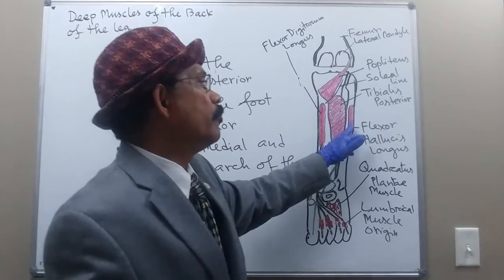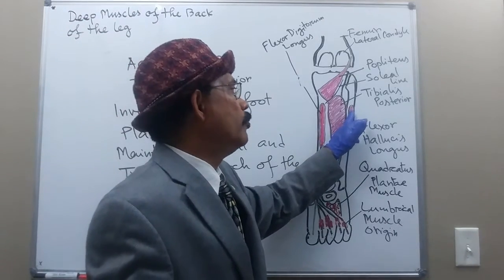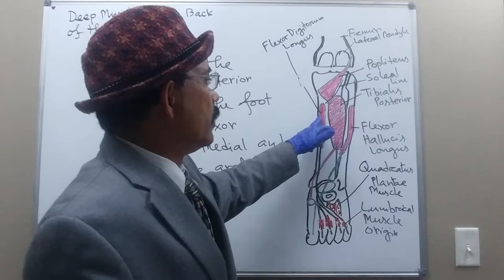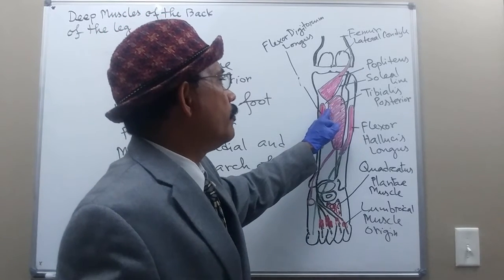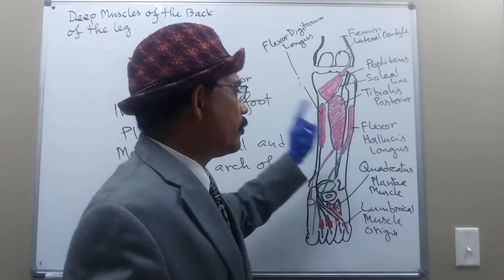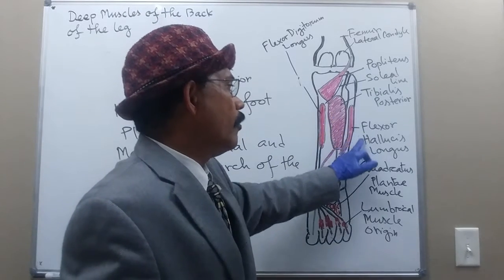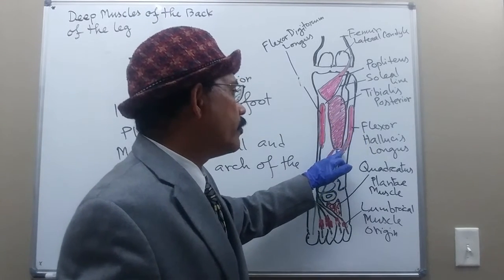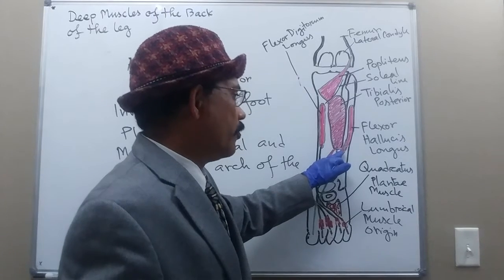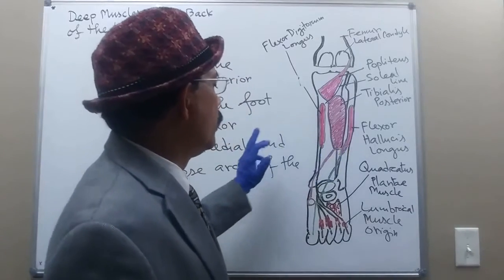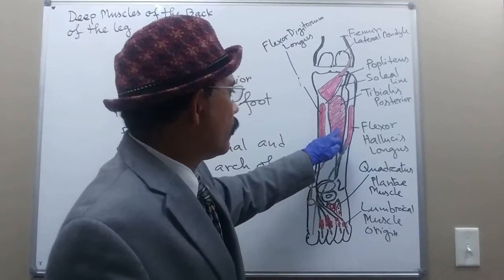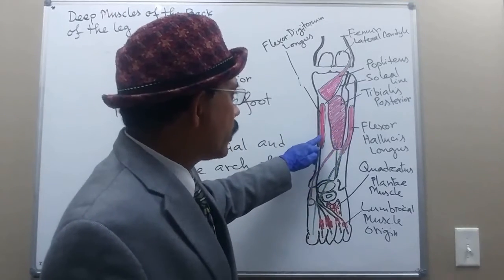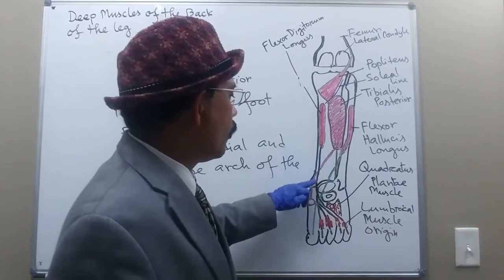Flexor hallucis longus mostly takes origin from the fibula, posterior part. The tibialis posterior takes origin from both tibia and fibula plus the interosseous membrane. Flexor hallucis longus also gets some origin from the interosseous membrane in its posterior part. The tendon of tibialis posterior is crossed by the tendon of the flexor digitorum longus.